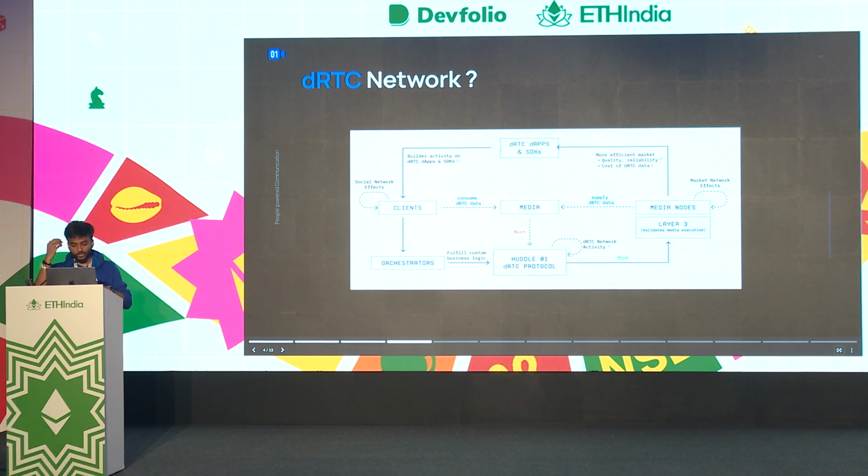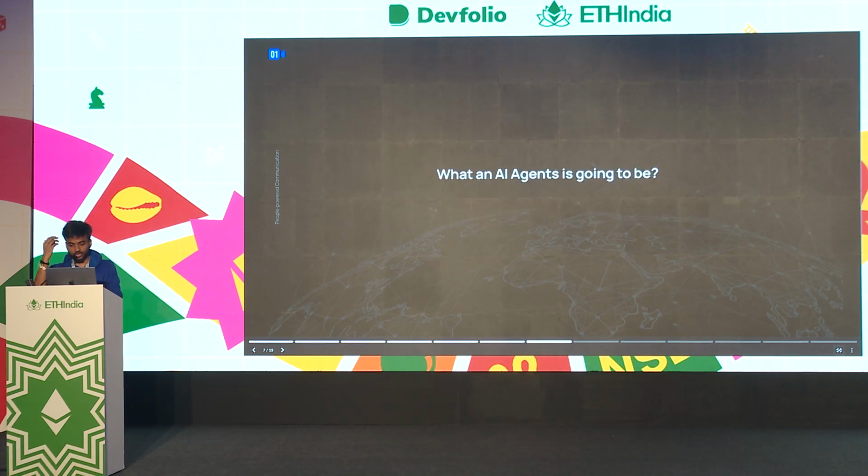Before going into more depth, I want to show you what an AI agent is, because the whole workshop is about how to build an AI agent. You must be finding on the internet that an AI agent is someone you talk to, but an AI agent can be much more than that, not just about conversation but about action.